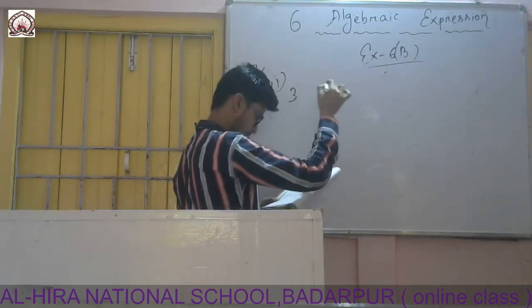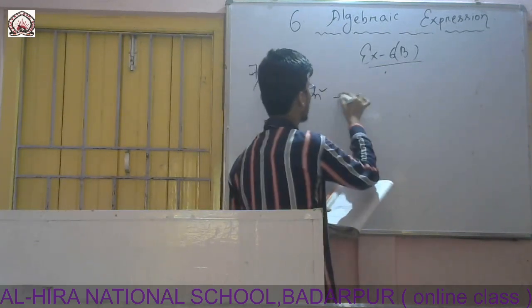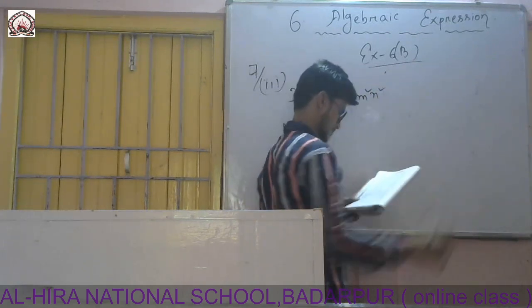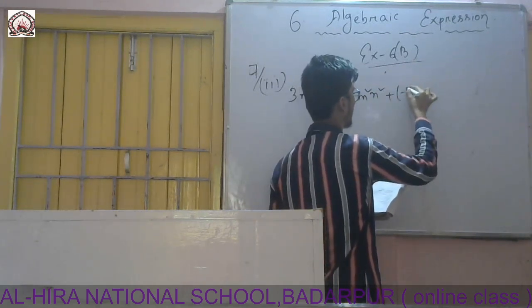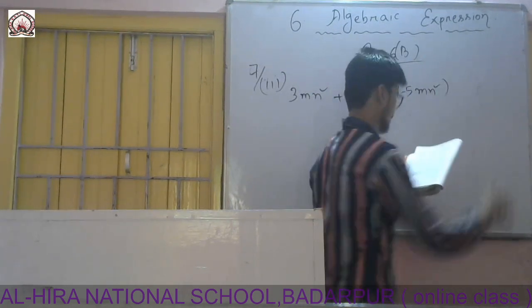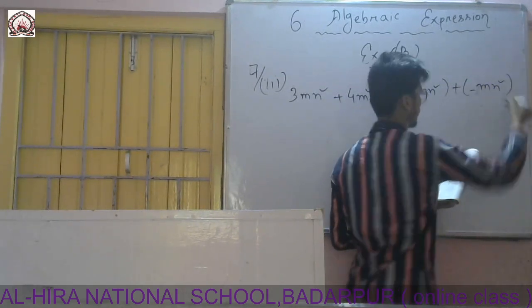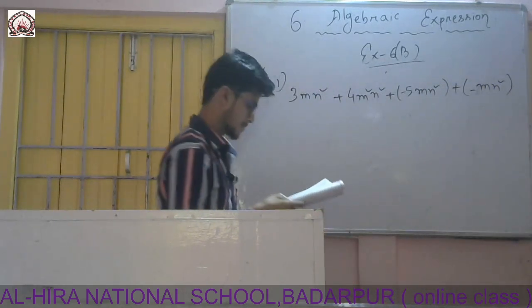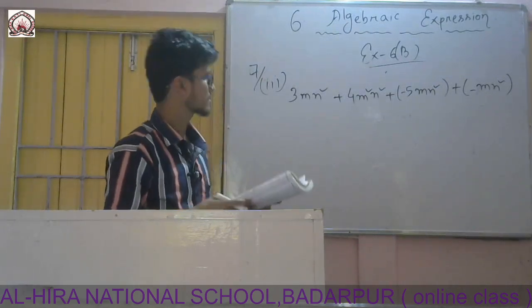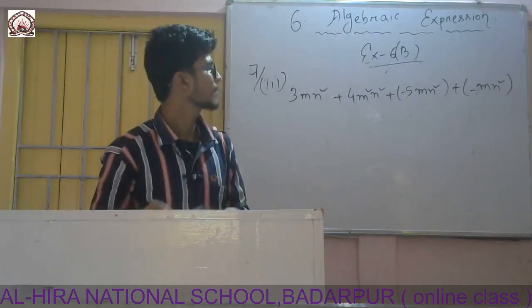So 3mn square plus 4m square n square plus minus 5mn square plus minus mn square.